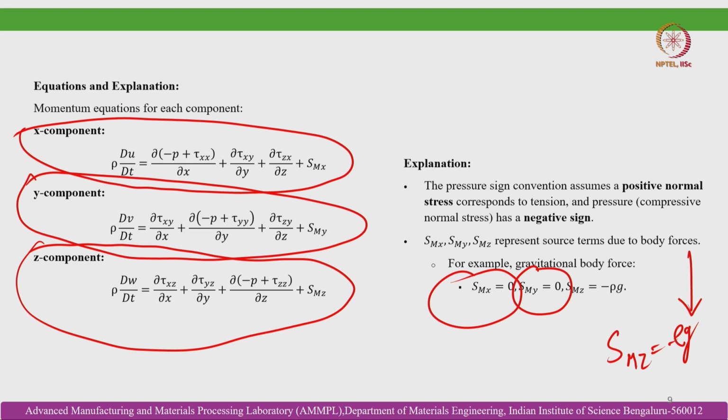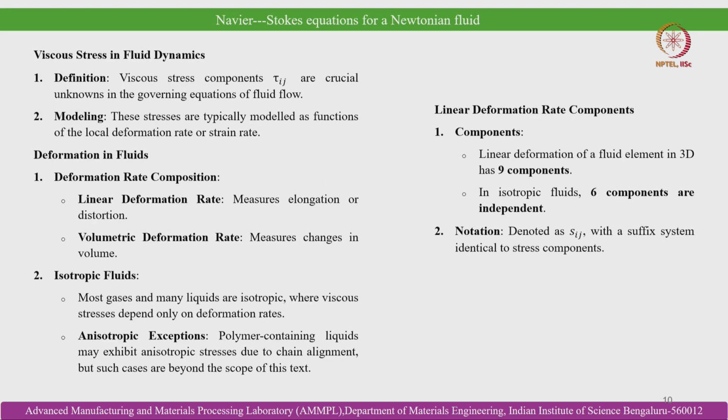First, viscous stresses in fluid dynamics: the viscous stress components tau ij are crucial unknowns in the governing equations of fluid flow. These stresses are typically modeled as functions of the local deformation rate or strain rate.